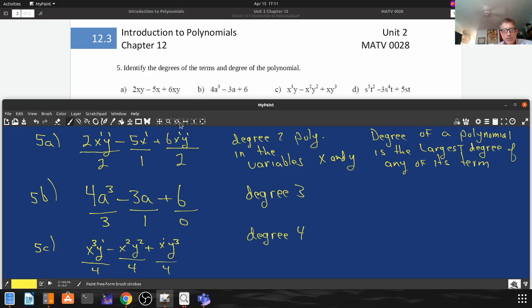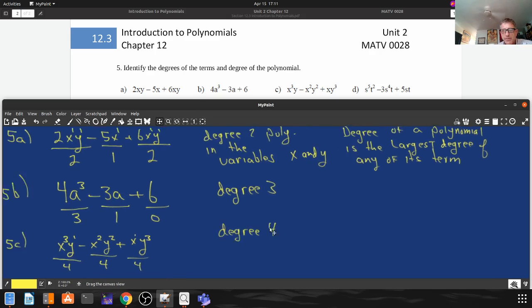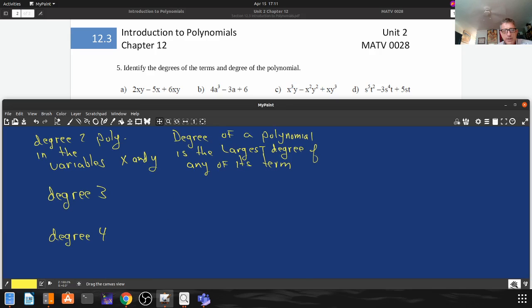And then the last one, let me get some more room up here. I'll just bring it over here and do 5d. And we have s to the 5th t squared minus 3s to the 4th t plus 5st.